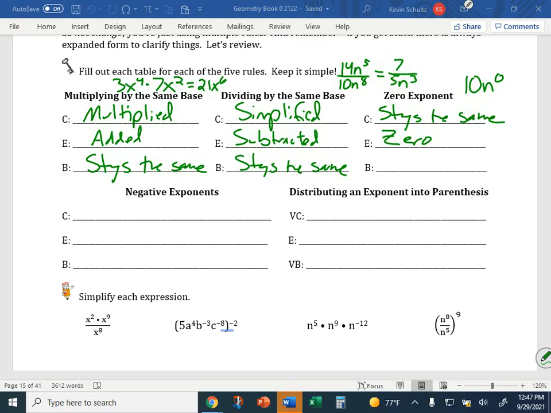Because what's the rule for any base to the 0 power? If you forget on test day, you can look back at the purple square in my hidden math poster there. Well, it equals 1. Okay? The base becomes a 1. So this ends up being essentially 10 times 1, which equals 10. Okay? This is the only one where the base changes. Only one where the base changes, it becomes a 1.